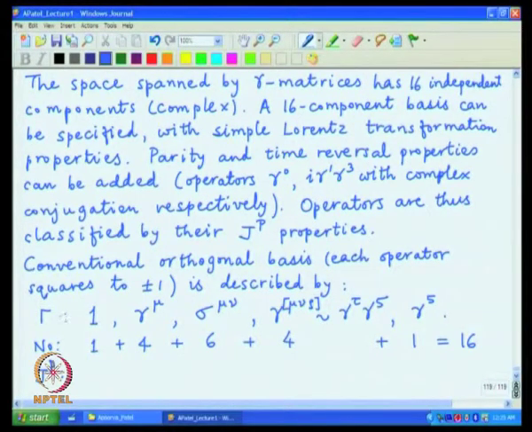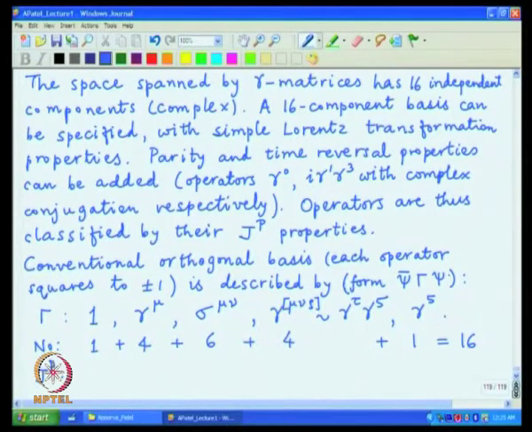This is a list of matrices gamma, and this whole object have the form psi bar gamma psi.